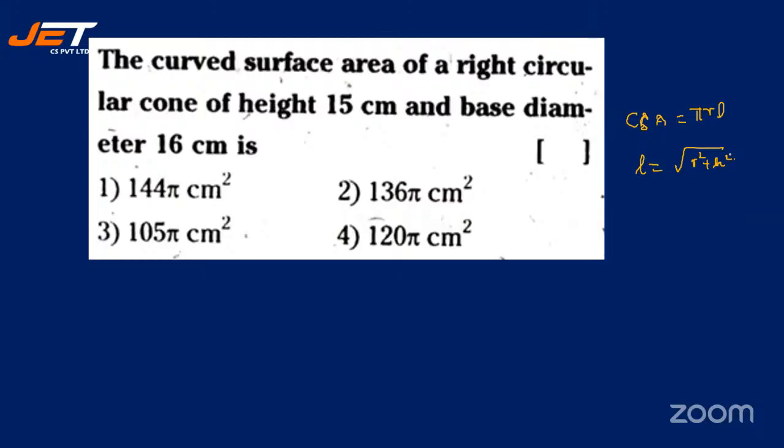So if you divide by 2, you will get the radius, isn't it? So with that, you can find out the L. Then with that, you can find out your curved surface area, which is pi RL. So quickly, 1 more minute I can give you. Students, quickly do it and give me the answer.